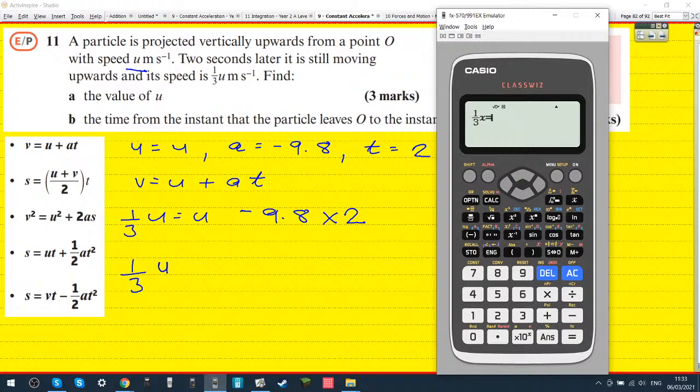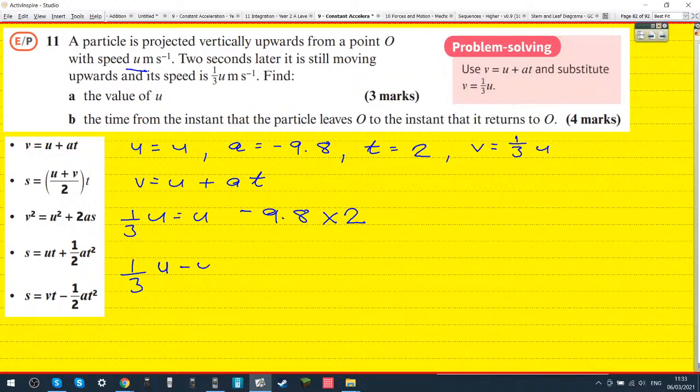And then could you minus u on both sides? Yeah. So would that give you v minus u? Yep. Equals minus 19.6.